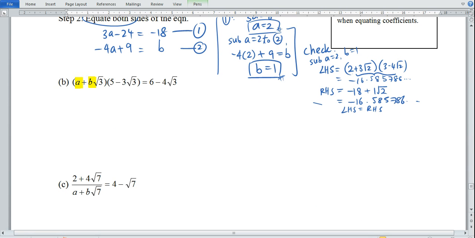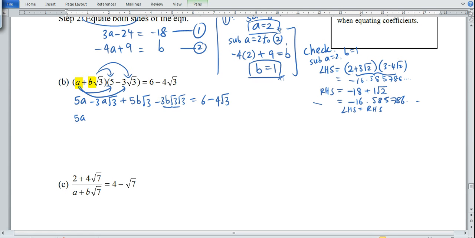So my first step is going to be to expand, to remove the bracket, to multiply or expand the brackets. And then on the other side, there's nothing much to do. Then I can continue to simplify.